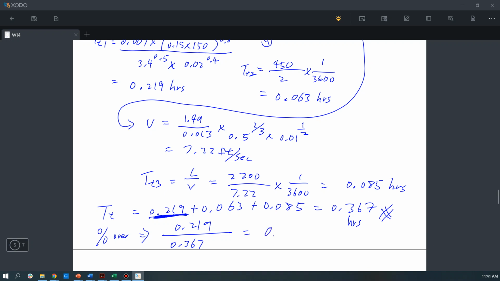This gives us 0.6, that is 60%. So this tells us the overland flow time has the greatest influence on the time of concentration, so it must be evaluated carefully.